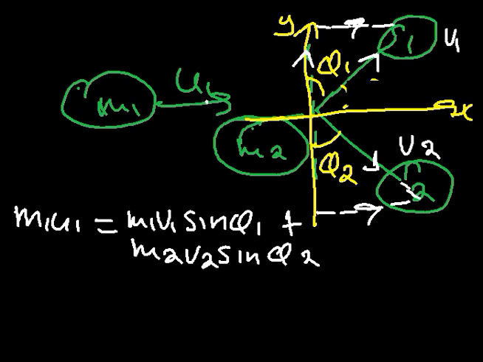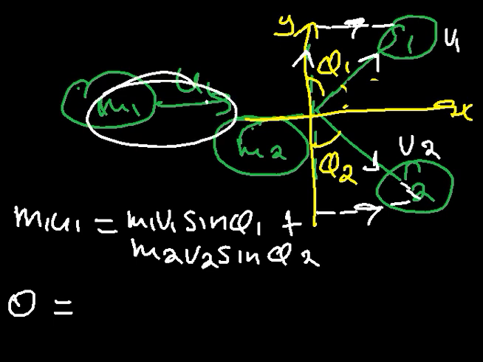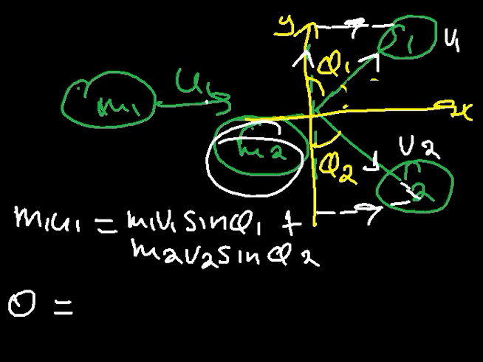Initially along y we will not have momentum, because this object is moving along the x-axis only, and this one is at rest. Then we'll only have the final momentum along y.